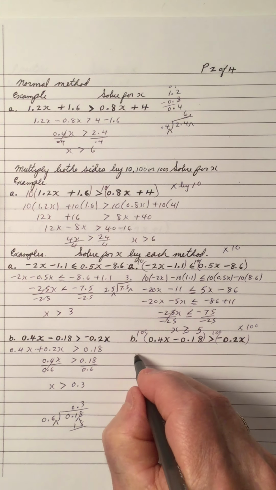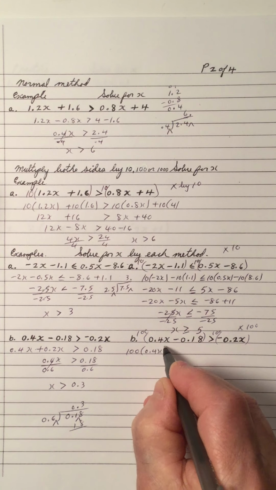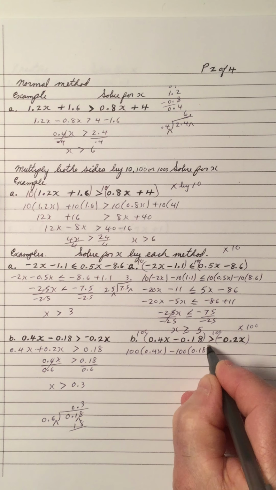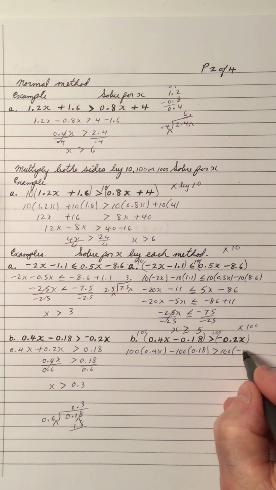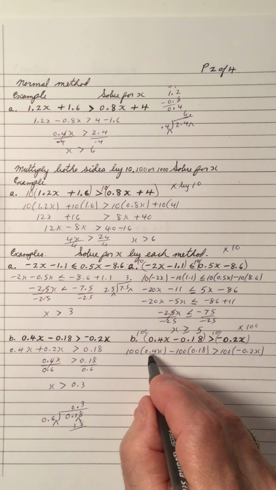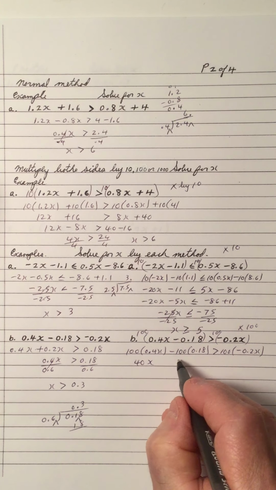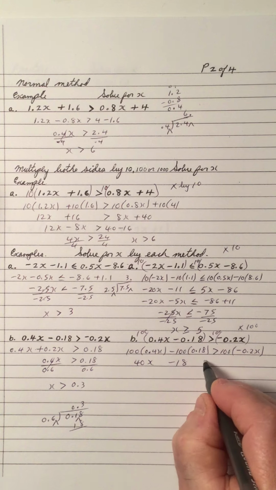Here we go. So I have 100 times 0.4x, 100 times 0.18, greater than 100 times negative 0.2x. 100 times 0.4 moves it 2 places, so that's a 40x. 100 times 0.18 is 18.